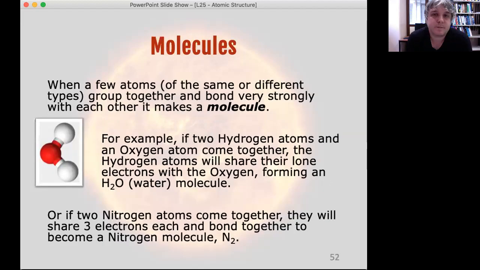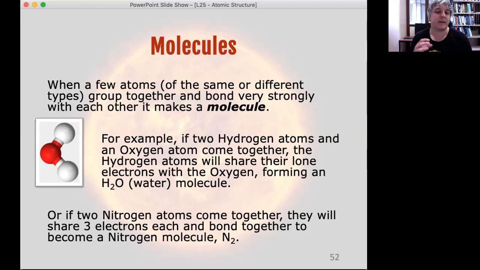A molecule is the idea of a few atoms grouping together and bonding, not to make a whole solid, but just to make a little group of atoms. Once they've formed a molecule, they might then make a solid or a liquid or a gas, but they'll still stay as that molecule. So that molecule occurs first, such as water, which is one oxygen and two hydrogen atoms.